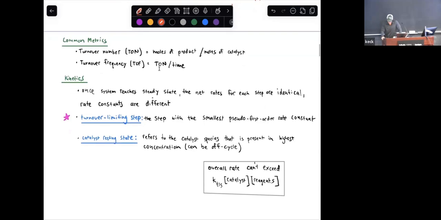That's 100 turnovers. And then the turnover frequency is the number of turnovers completed for a given unit of time. And so these two descriptors, the first one is a readout of how stable your catalyst is over an extended period, over its lifetime.